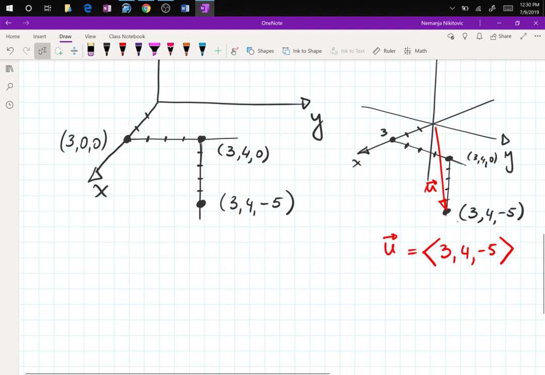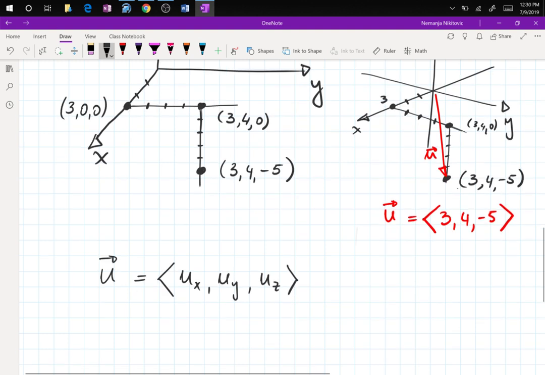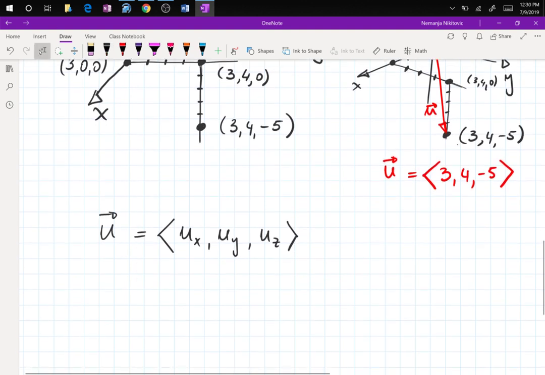So now, your vector u is going to be ux, uy, uz. It's going to have 3 coordinates.